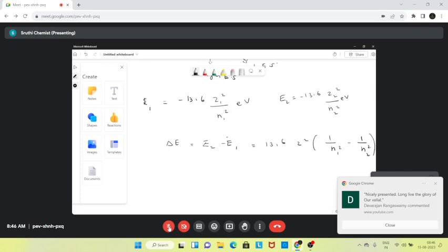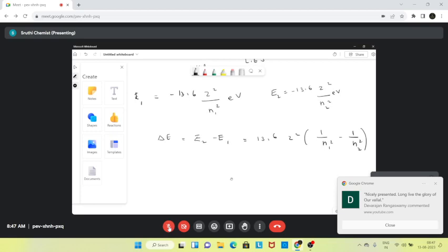Here you don't need to put Z1 and Z2 separately because they are common; you are doing it for the same atom, so it is Z square. Based on this formula, you can directly put the values of N1, N2 and the atomic number and calculate it very simply. Is there any doubt, ma'am, in this?